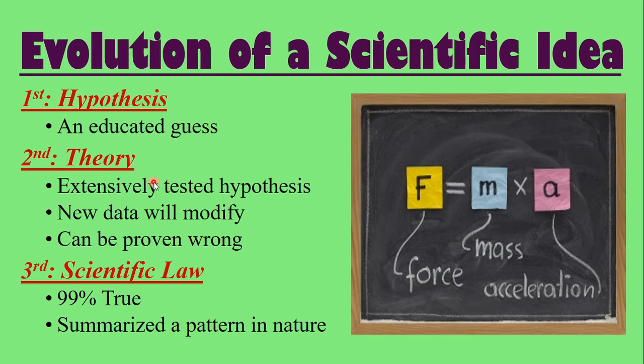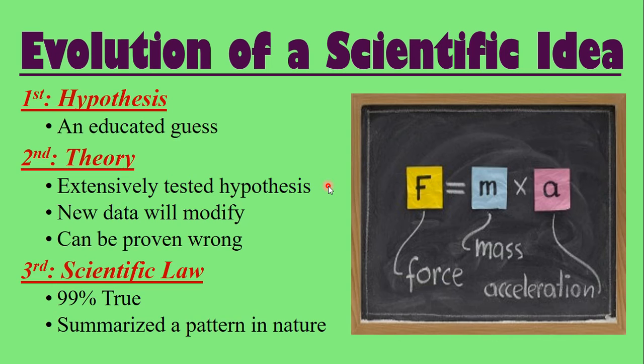This is an intensely tested hypothesis, meaning there's a lot of data to it, and it says this is what's going on. Not all the scientific community accepts it, but that's because a theory can be proven wrong. When new data becomes available, it can make a theory have to be modified and restated.